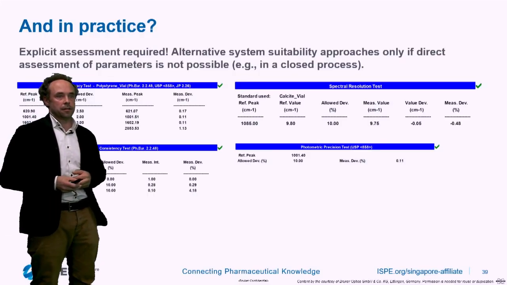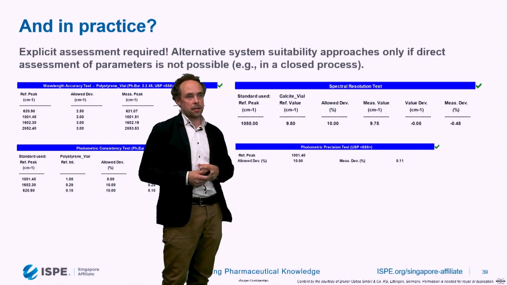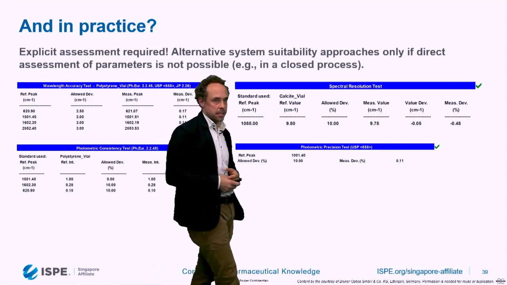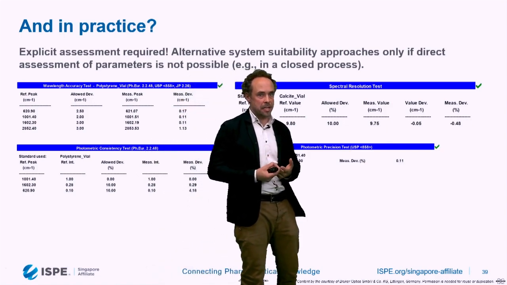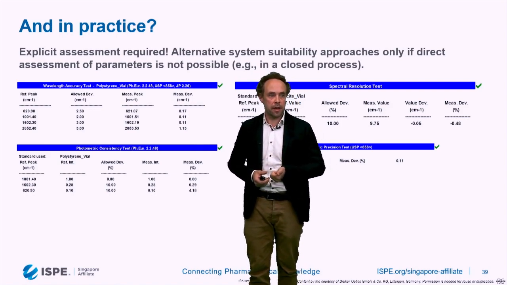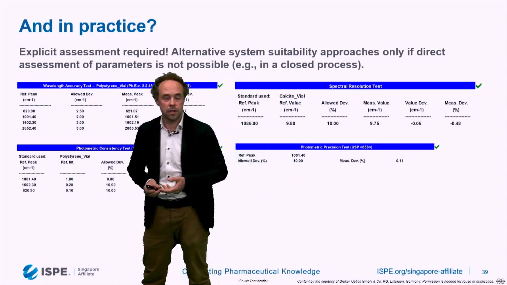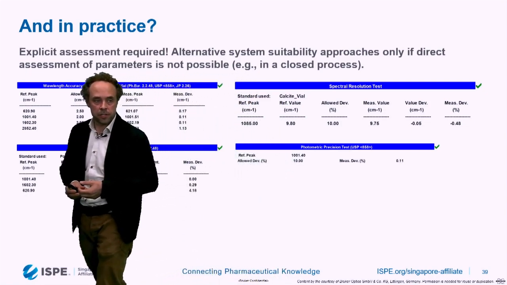Just for example, with the handheld Raman spectrometer Bravo, we are testing all these pharmacopoeia requirements in our daily PQ test explicitly. We are really determining the wave number accuracy, photometric consistency, spectral resolution, and photometric precision, which is required.